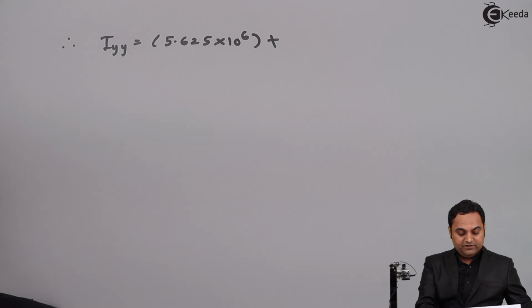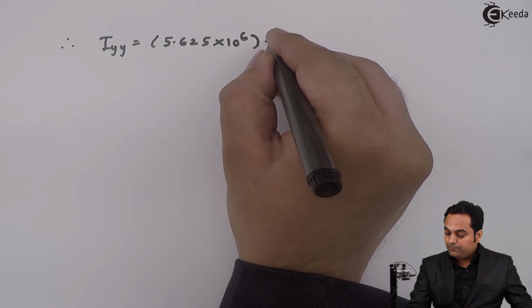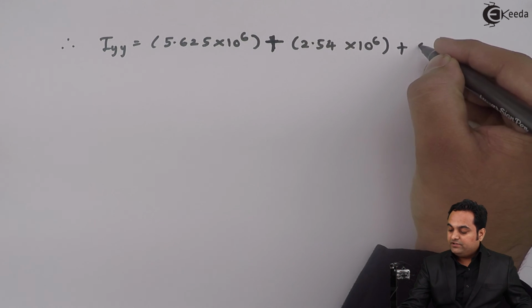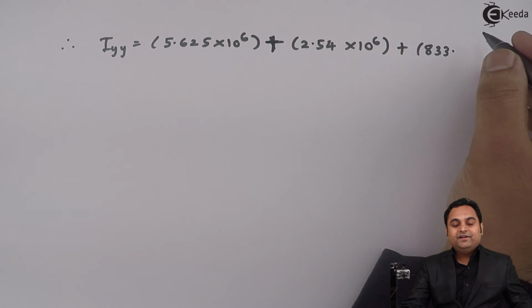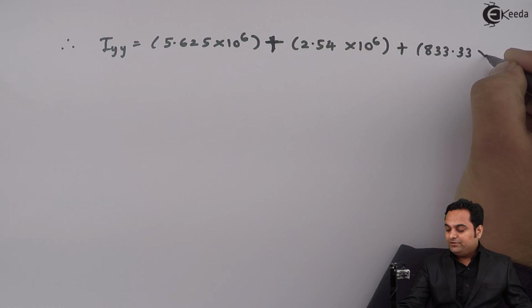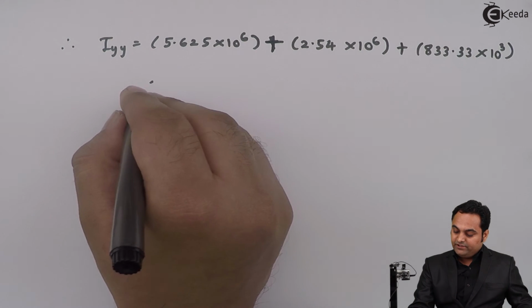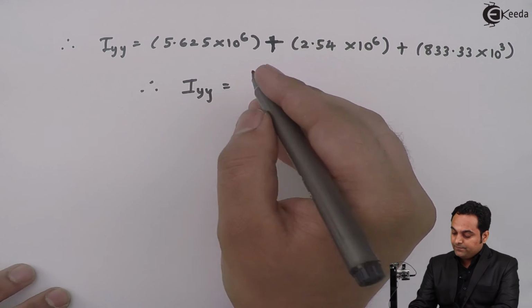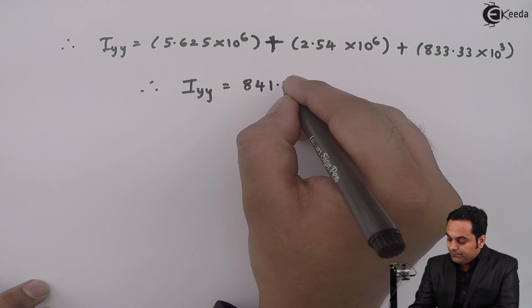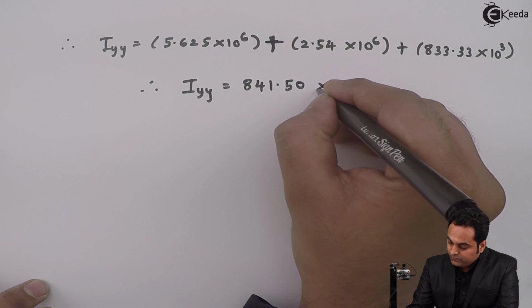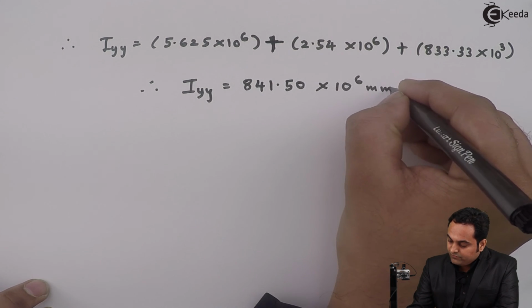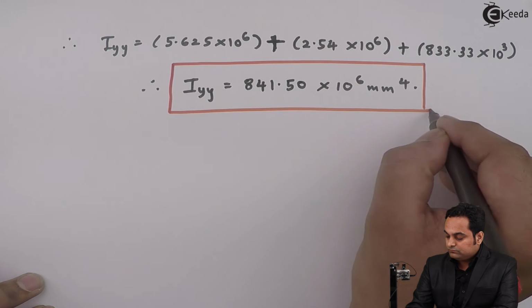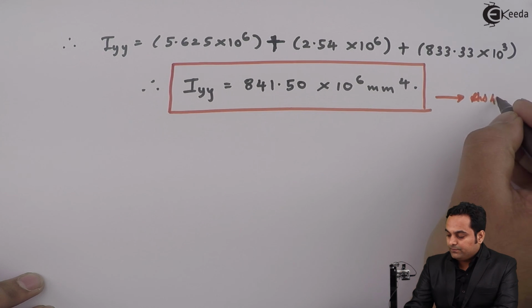Then Iyy2, it was 2.54 into 10 raised to 6. And Iyy3 we have calculated just now, 833.33 into 10 raised to 3. So after adding all of them, we get Iyy, and the answer is 841.50 into 10 raised to 6 mm raised to 4. So this is the second answer.